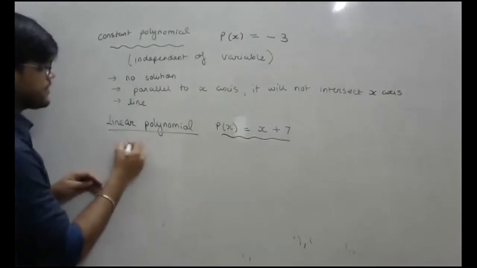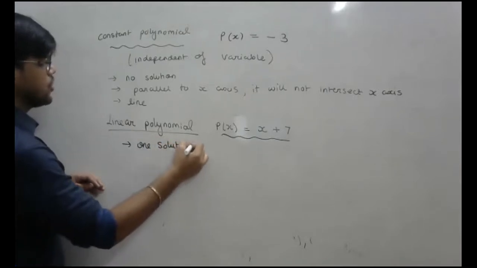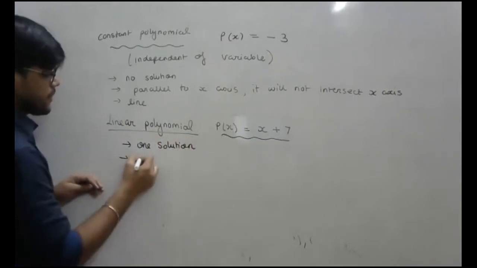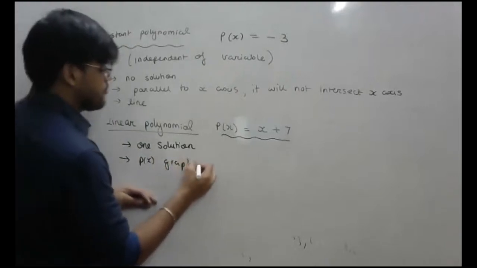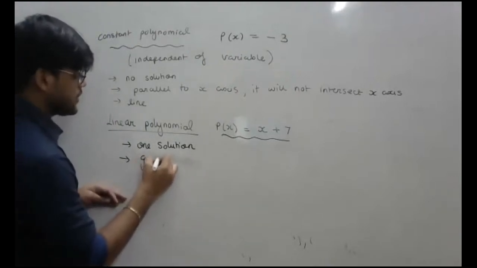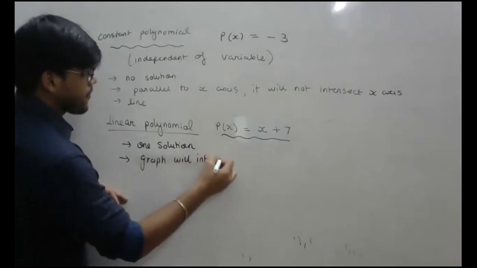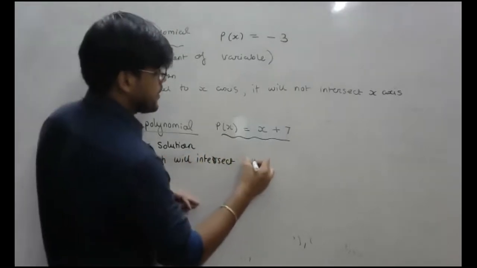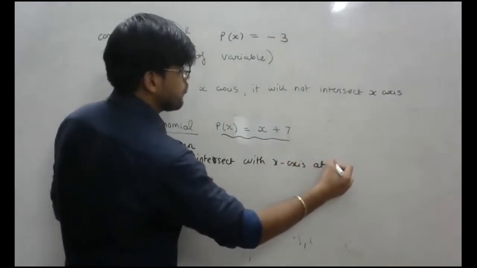So here you will be getting one solution. The graph of p of x will intersect with the x-axis at one point.